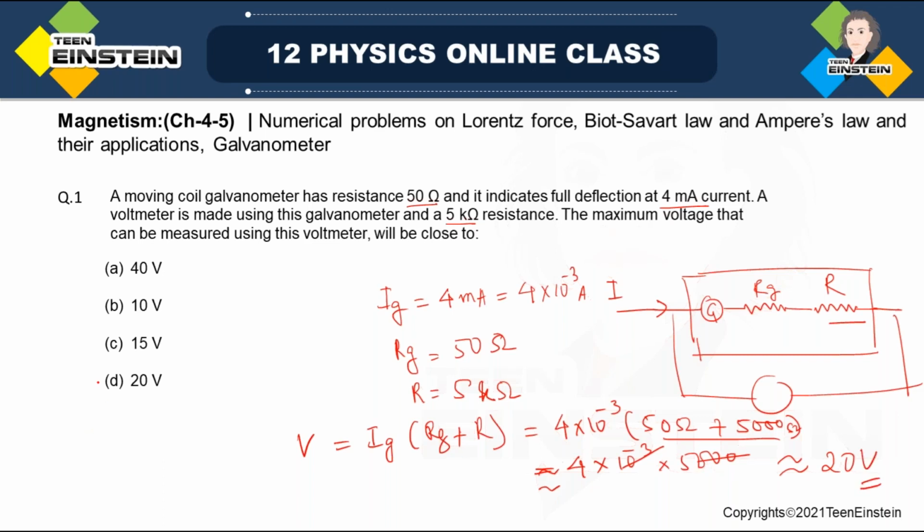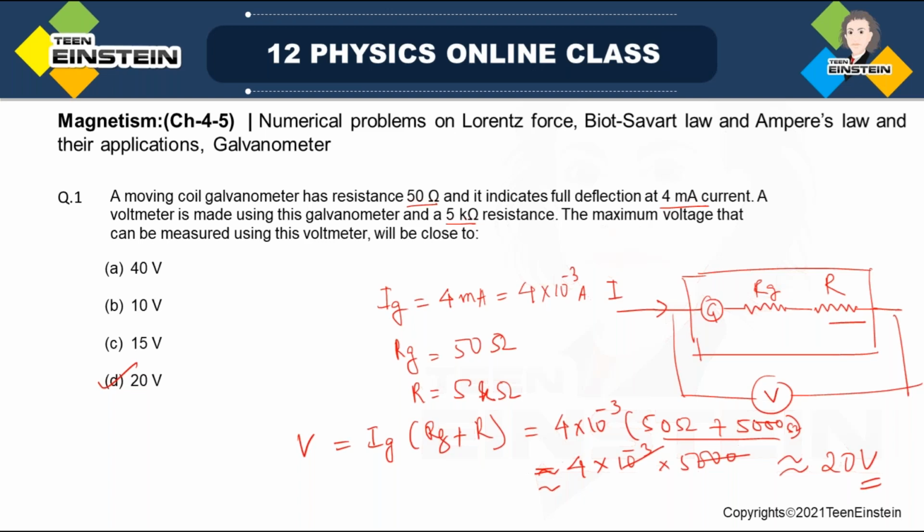So this is the answer. Even if you add this 50 to this 5000, it is not going to change much. That's why it is all right here. So near around 20 volt of voltage you can actually measure through this galvanometer.